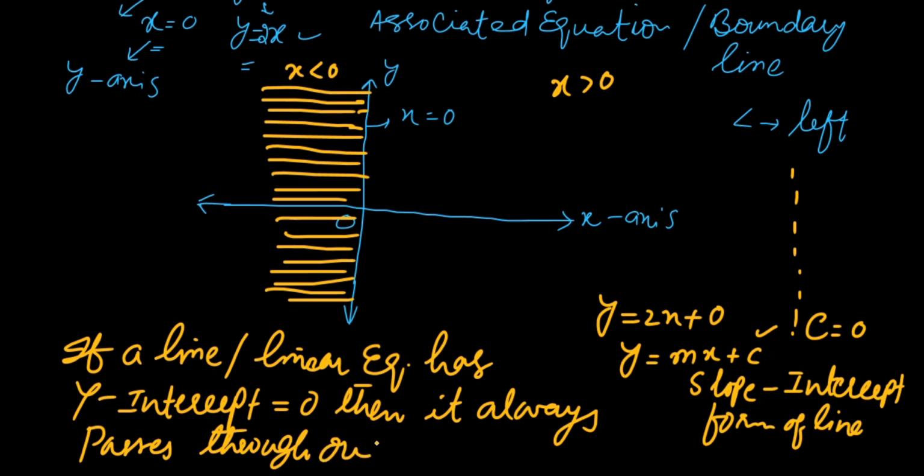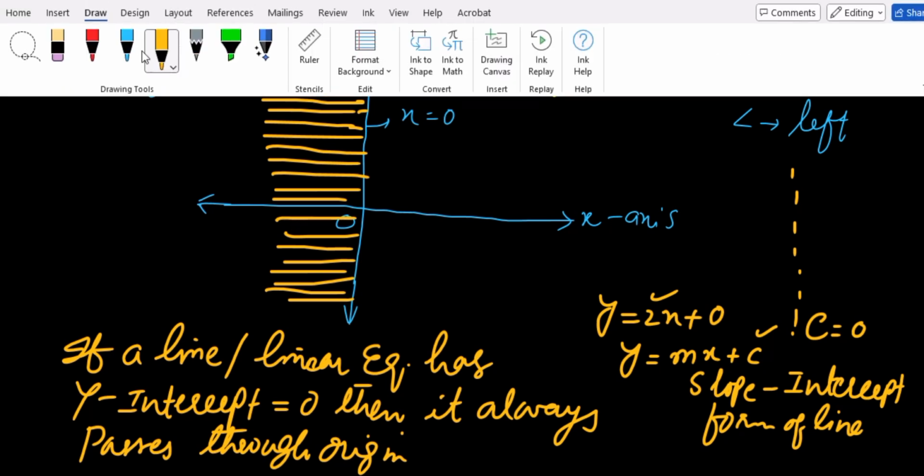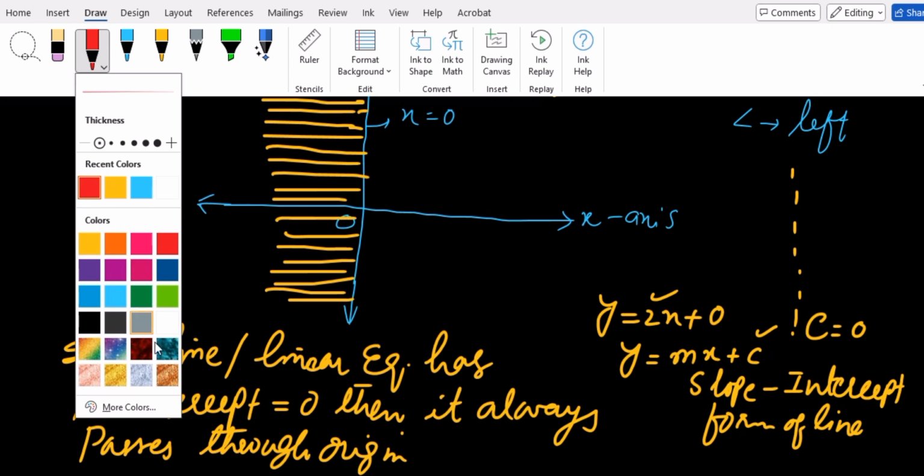It means your line y is equal to 2x is passing through the origin, so we will draw the graph of y is equal to 2x.